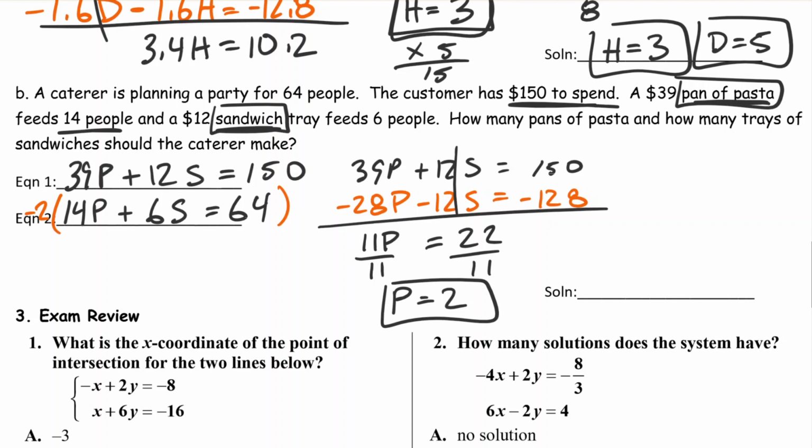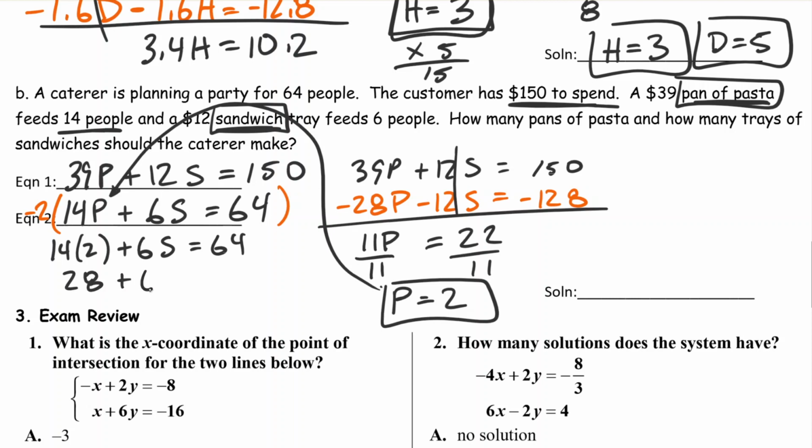So that means we did 2 pans of pasta, and we can substitute that into either equation. Let's do this bottom equation here. 14 times 2 plus 6 times S equals 64, so that's 28 plus 6S equals 64.